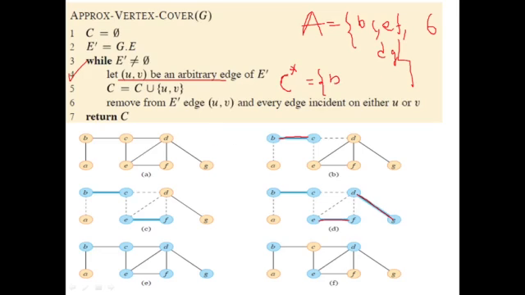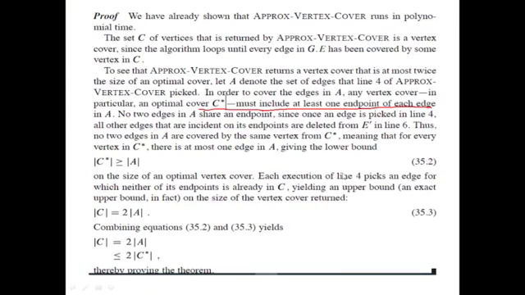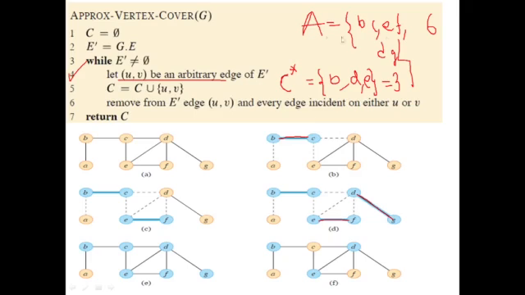B, D, E. Very good. This is my C star, which is nothing but 3. So what does it say? C star must include at least one endpoint of each edge in A, which is true. You see, this is your A, and this is the C star: B, D, E.